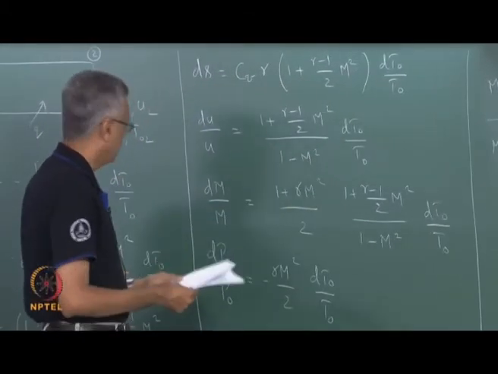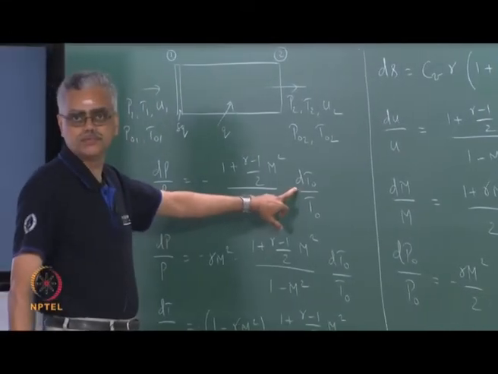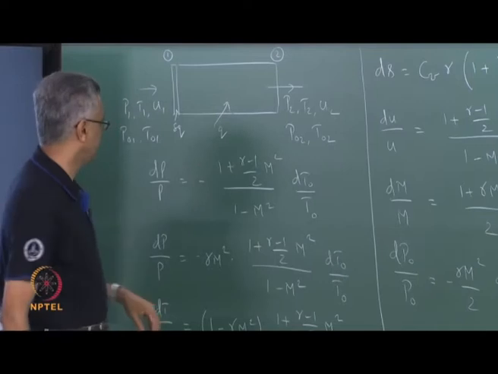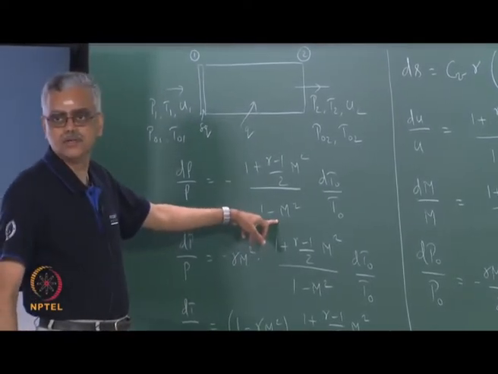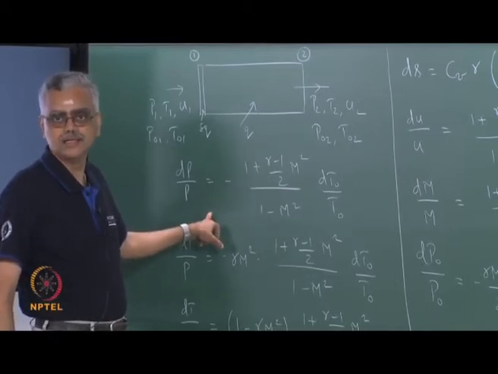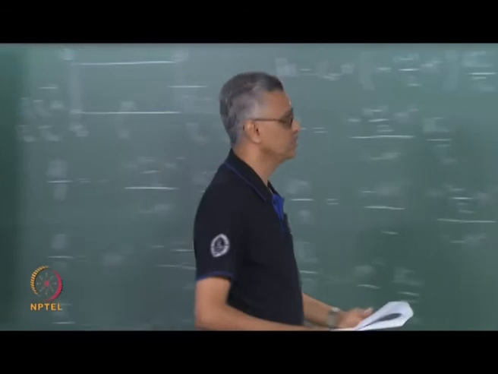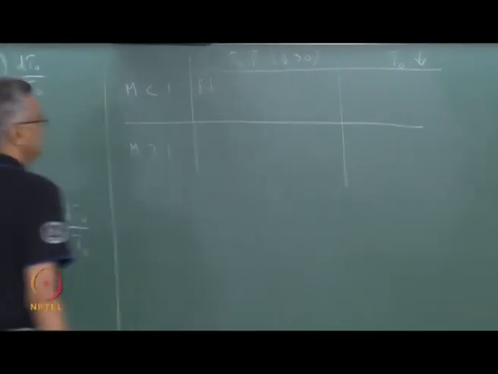So, let us look at these quantities one at a time. So, dT0 is positive, right, m is less than 1. So, that means this quantity in the denominator is positive, this is also positive. So, that means the density decreases, right, d rho is negative. So, that means when I add heat to a subsonic flow, the density decreases.